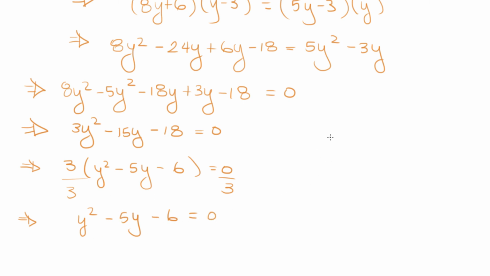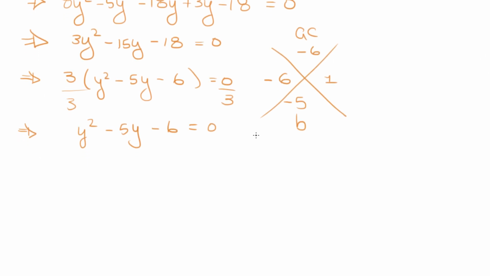Now we can apply the x method. So a times c and b. Again, a times c is negative 6. And b is negative 5. So two factors of negative 6 that, when you add them, give you negative 5. In this case, it is negative 6 and positive 1. So you have y squared minus 6y plus 1y minus 6 equal to 0.